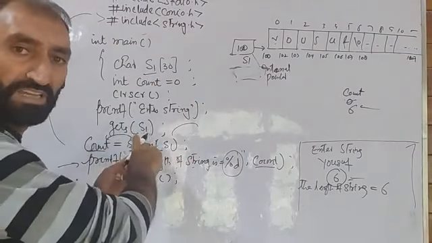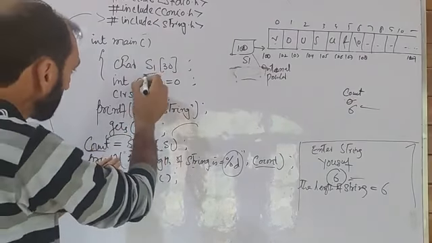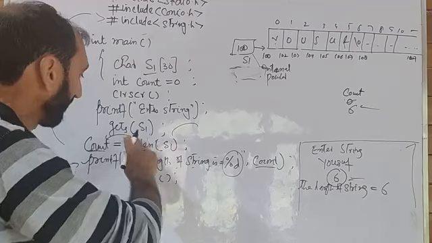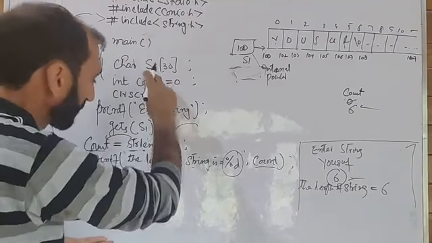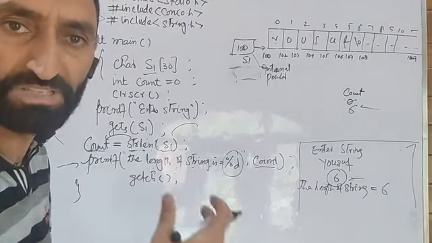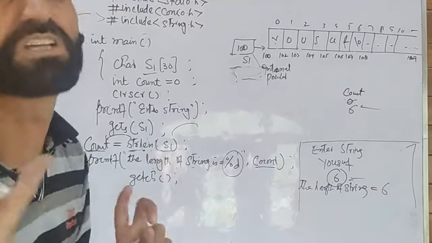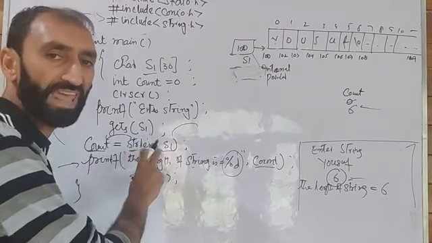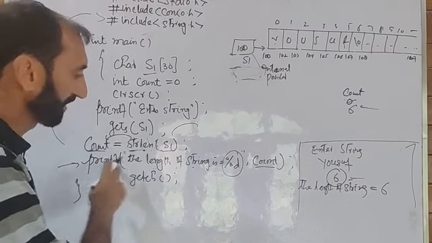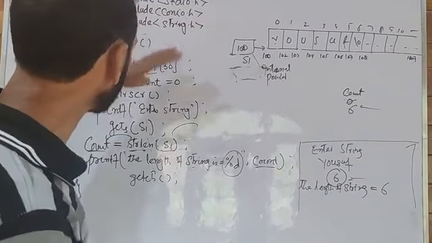It accepts the name of the string, s1, as a parameter and returns the length of the string, how many characters it contains. That is stored in count, and count is printed, so 6 is printed. This is the working of the inbuilt function.